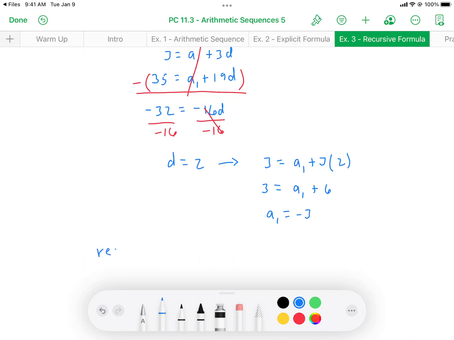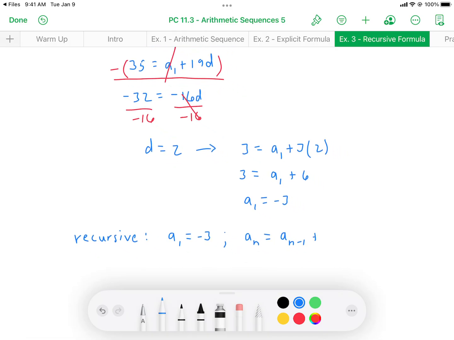All right, so now you can say your recursive formula here. Remember, you have to give the initial term. So a sub 1 equals negative 3. And then the nth term, a sub n, would equal the previous term, a sub n minus 1, added with 2.